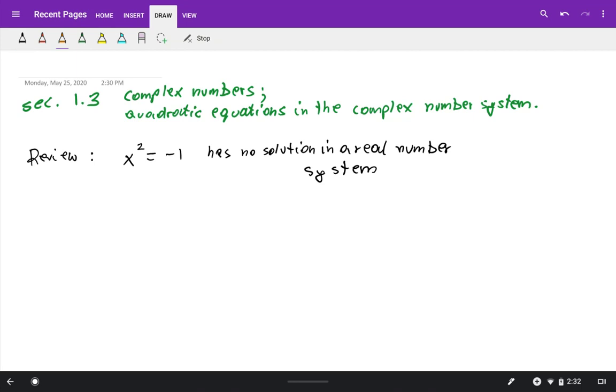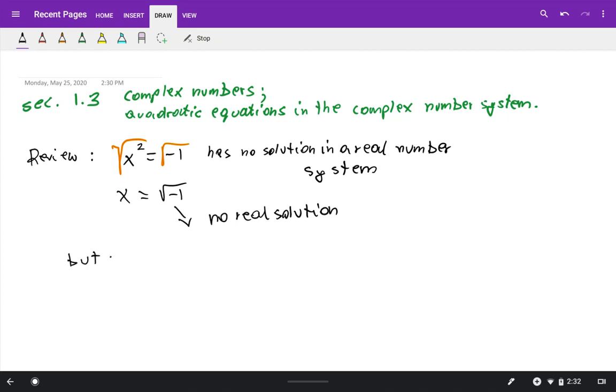Even if you try to solve it using the square root method by taking the square root of both sides, you will end up with x equals square root of -1. So there is no real solution. The number under the square root has to be positive.